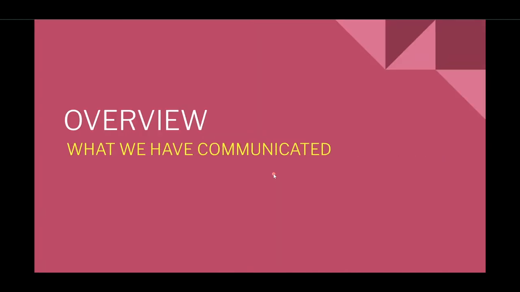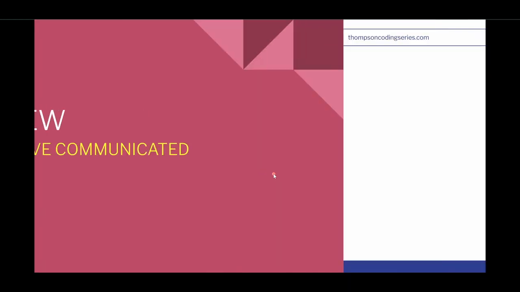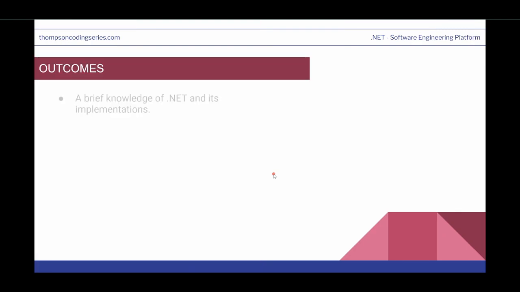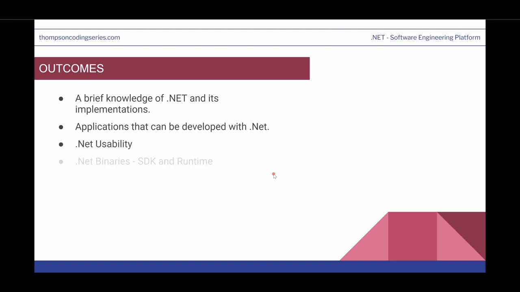All right, so what have we communicated so far? We've talked about a brief knowledge of .NET and its implementation. We've talked about applications that can be developed with .NET, .NET usability, and the .NET binaries, SDK, and runtime. We've talked about the .NET managed execution process, and the .NET languages: C#, F#, and Visual Basic.